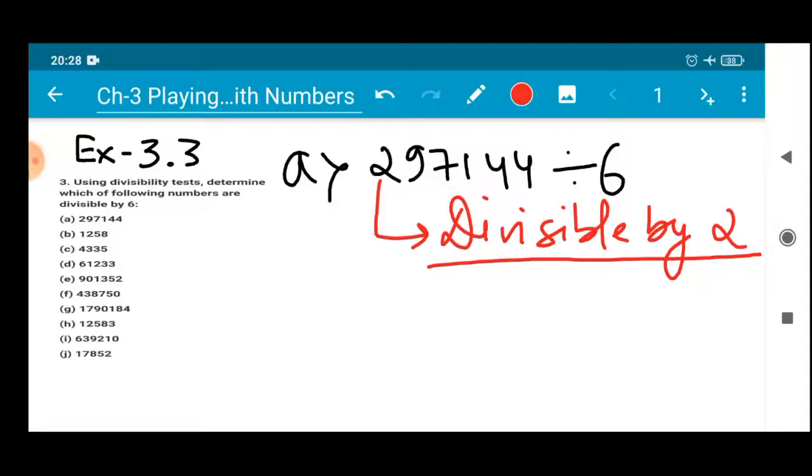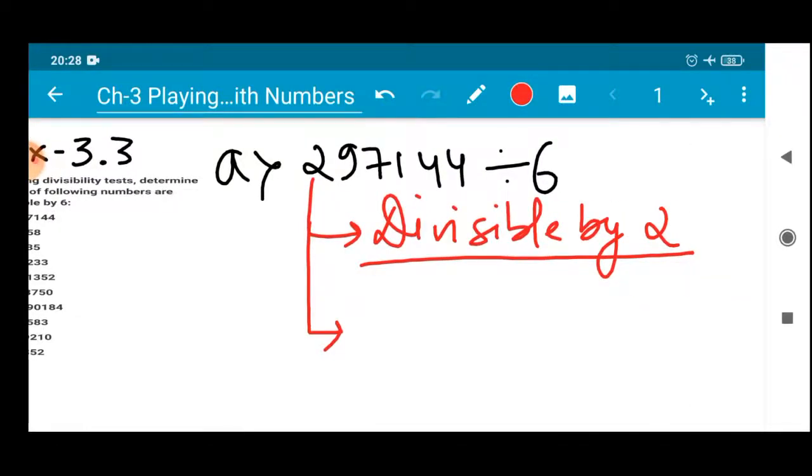Now, we also have to check whether this number is divisible by 3 or not. In order to do that, we have to add all the given digits: 2 plus 9 plus 7 plus 1 plus 4 plus 4.